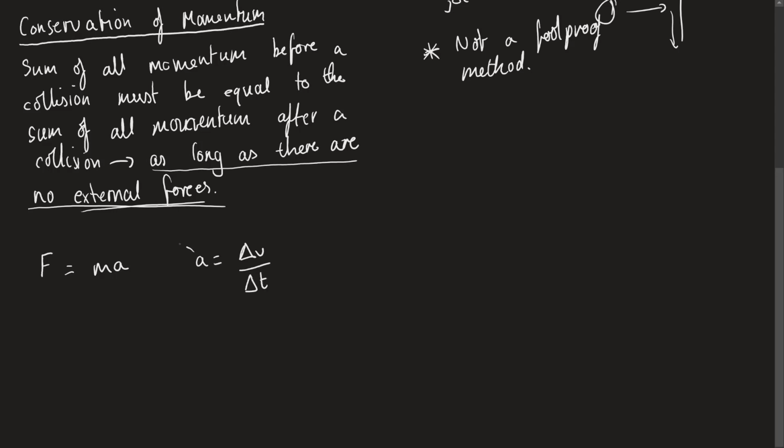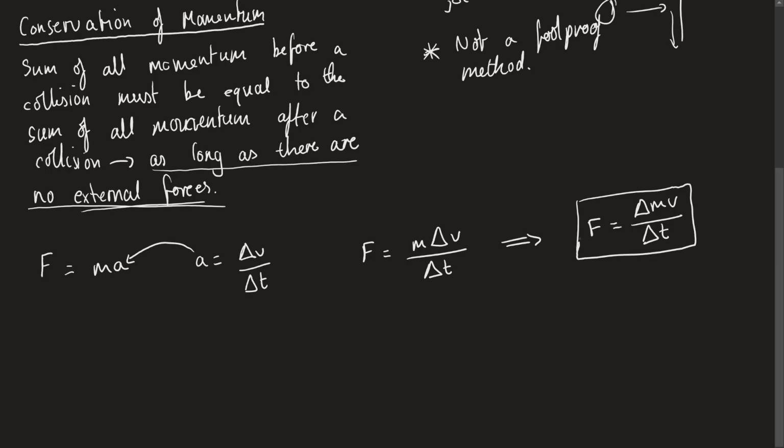So if I substitute a into here, I can say that F must be equal to m times delta v divided by delta t, which I can then simplify to say that F equals the change in mv, and we know mv is momentum, divided by the change in time, and that is your expression for the force. The force that acts on something is equal to the change in momentum divided by the time.